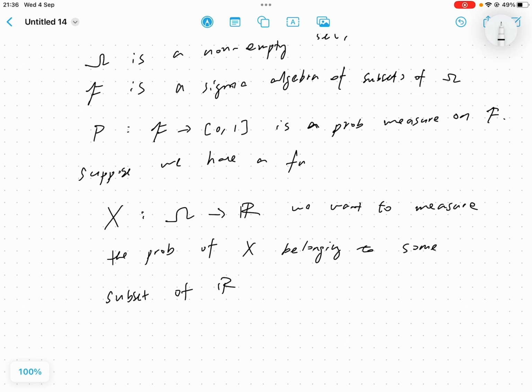Now the most interesting part that we want to see is this X, right?